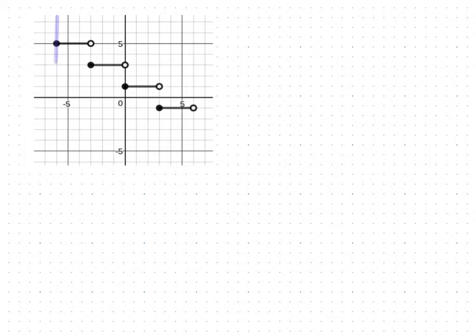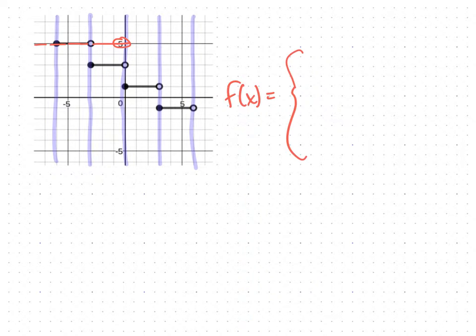So finding your domains based on where each part of the graph starts and ends, and when it's flat, just using that y value right there to find the equation. So we got f of x equals, that first one is 5.